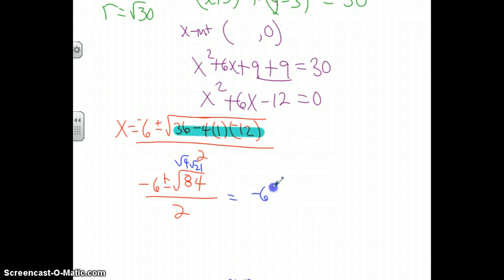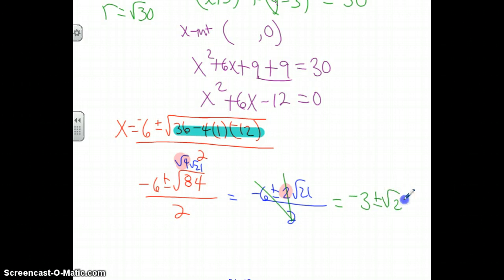So this is negative 6 plus or minus 2 square roots of 21. Again, all I did there was the square root of 4 is 2. And then I cannot cancel part of a sum, but I can cancel everything through by 2. So half of negative 6, half of 2, and those are my x-intercepts.